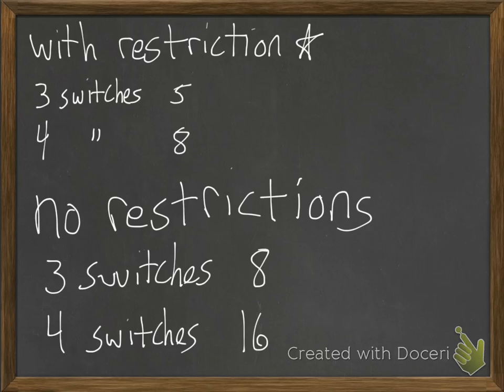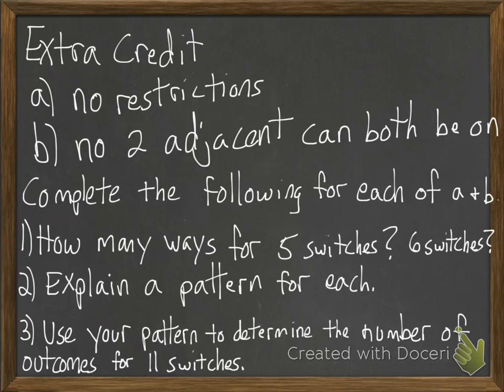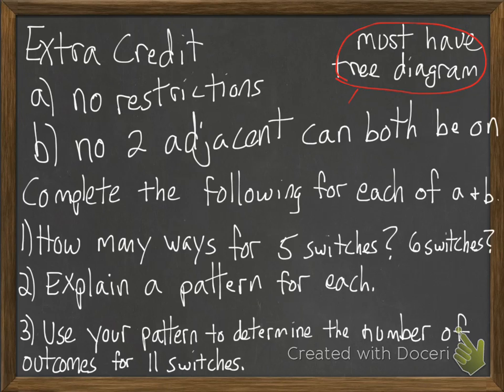Now for part B, I am adding one other requirement: you must have a tree diagram for part B. It doesn't count unless you have the tree diagram for part B. So for part A, you don't need to use a tree diagram.